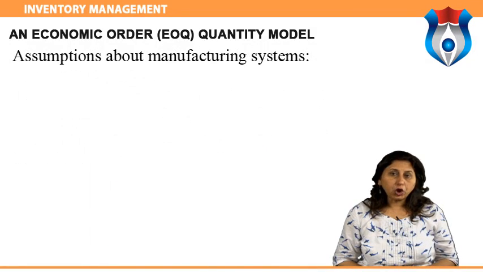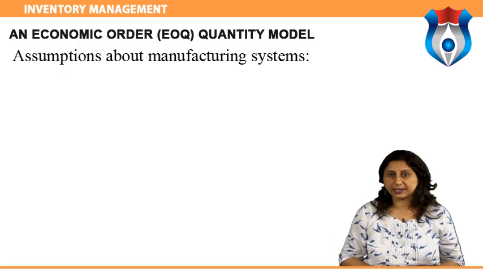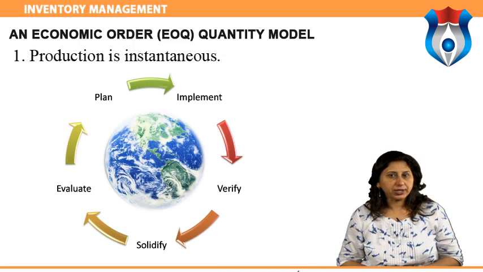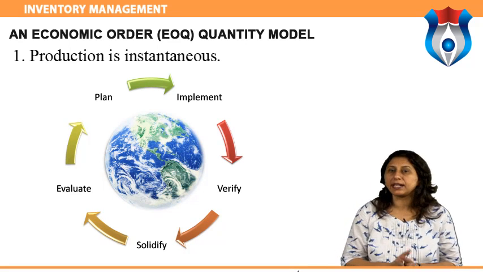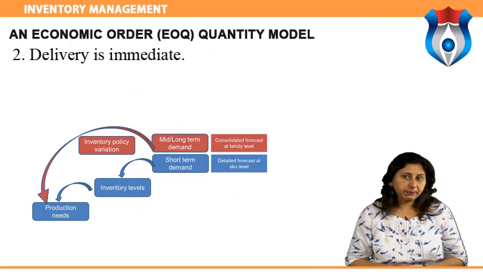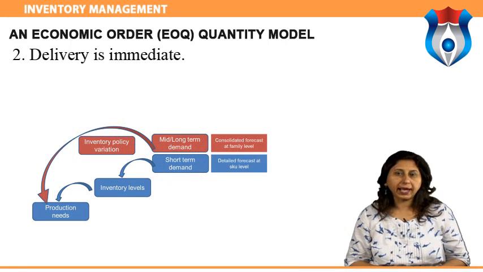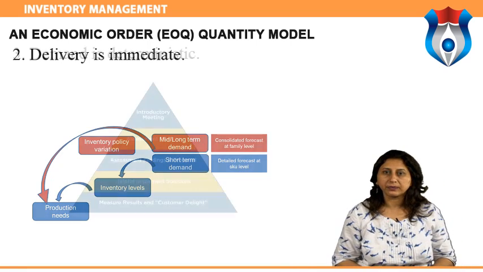To derive a lot size formula, the following assumptions about manufacturing systems are made. Production is instantaneous, there is no capacity constraint, and the entire lot is produced simultaneously. Delivery is immediate, there is no time lag between production and availability to satisfy demand.